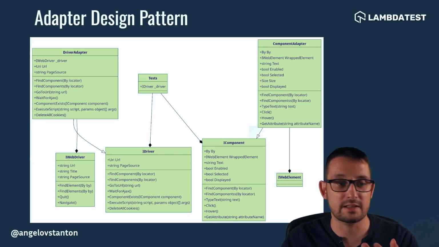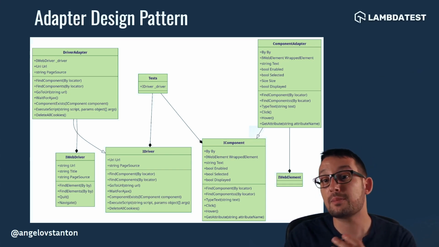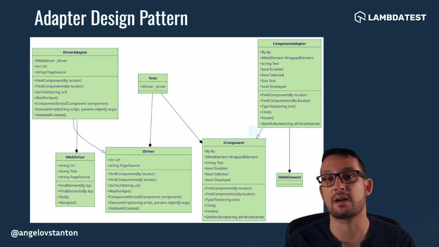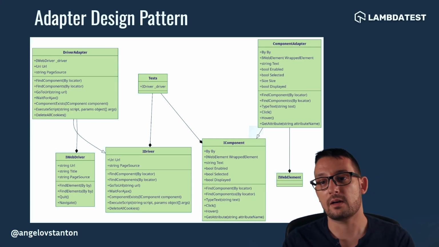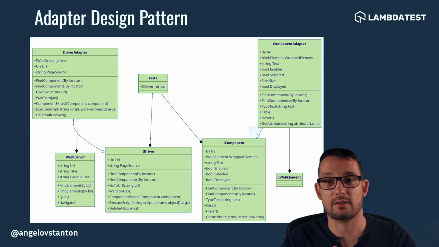And then we have the adapters, which we are going to see in a minute how they work. They adapt the interface of the adaptee. In this case, this will be IWebDriver and the IWebElement, and they will adapt this adaptee to the target interface.